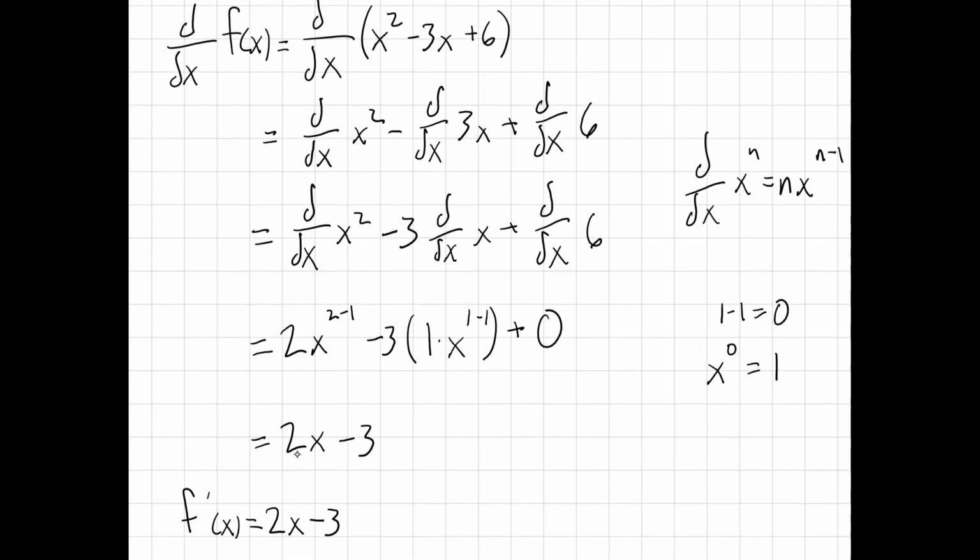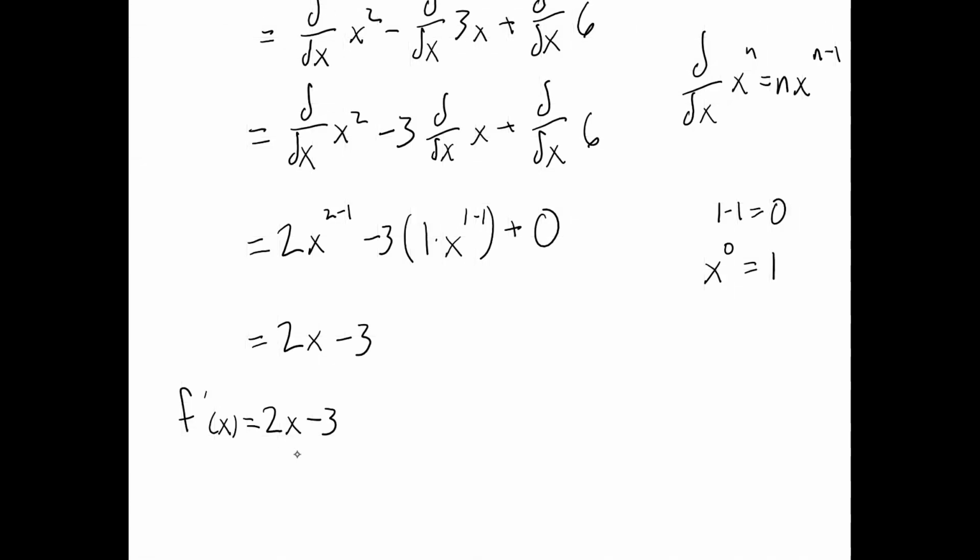And so if we look back at the original function, remember that f of x was x squared minus 3x plus 6. We just go, cool, we're going to use the power rule here and constant rule in sum addition. We're just going to take each piece and do the derivative. I just move the exponent down in front and take 1 off of the exponent.